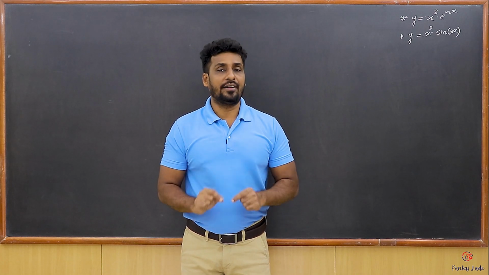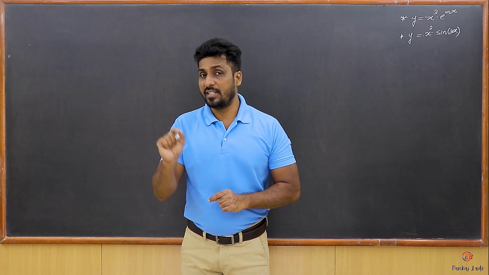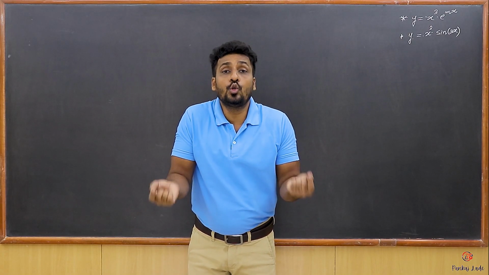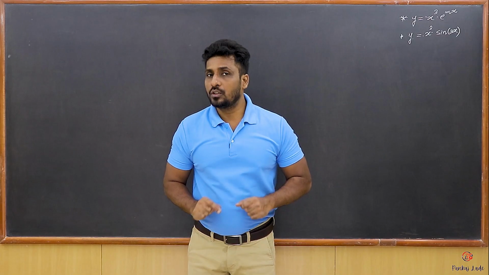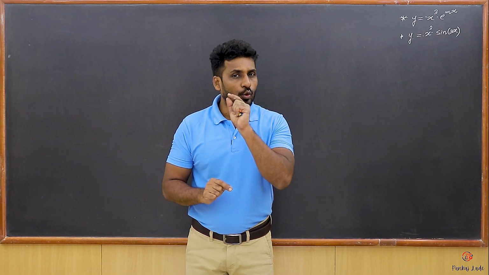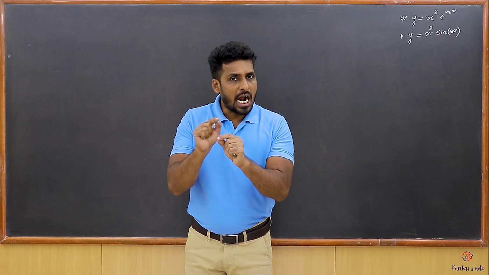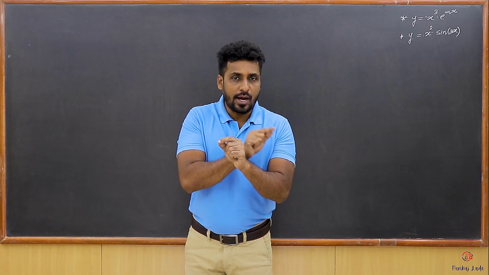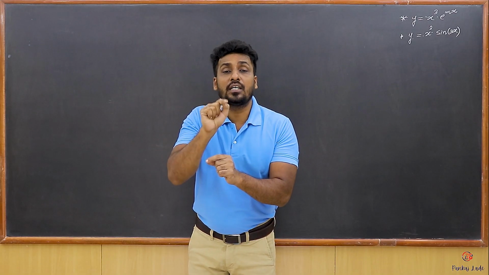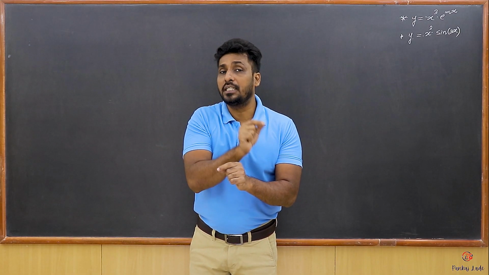So those standard functions whose nth derivative is known to us will be taken as the first function u, because if you observe the Leibniz theorem, u into v rule, it says you take un and then you start descending the derivative by 1 every single time. So you begin from un and then you keep on descending by 1 for the subsequent steps.